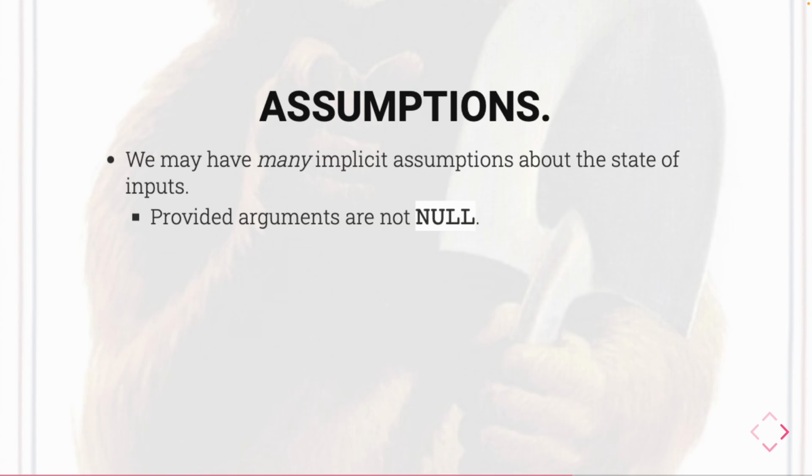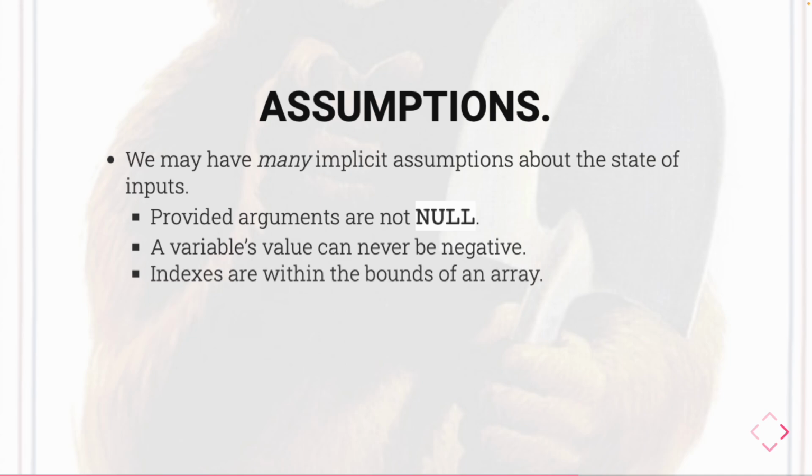So I think this is just going over input assumptions. Whenever you receive a pointer, you're probably assuming that it's not null. When you receive an int, you're often assuming that it's a positive or zero int.